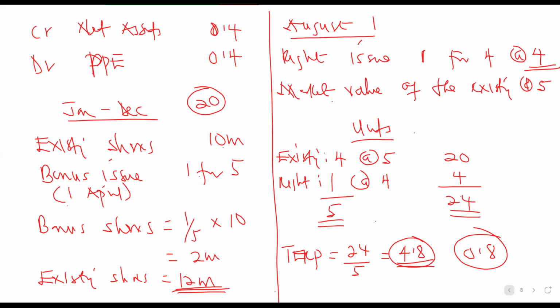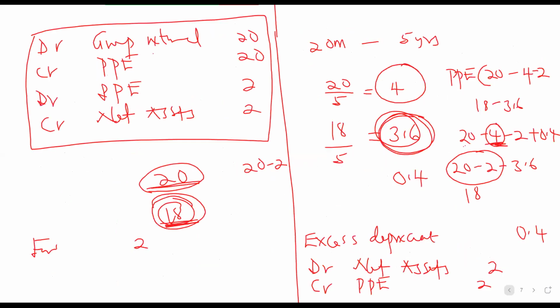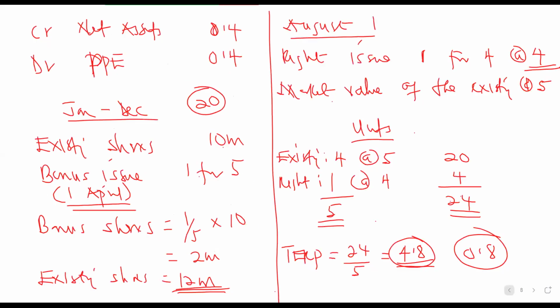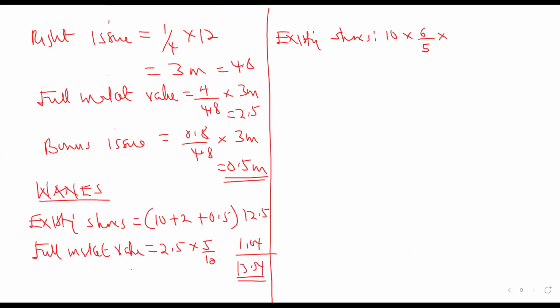issue? It has been there for 3 months, isn't it? So it has been there for 3 months. So you do 10 multiplied by the bonus fraction of 6 over 5 multiplied by the right issue fraction. The right issue fraction will be 5 divided by 4.8, which is the cum X price over the theoretical ex-rights price, 5/4.8.